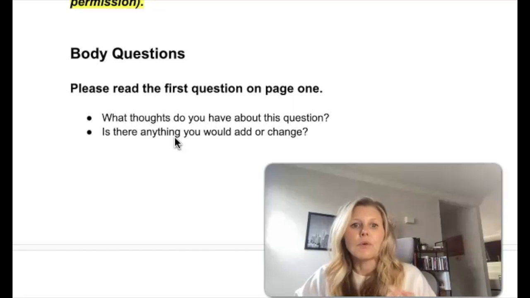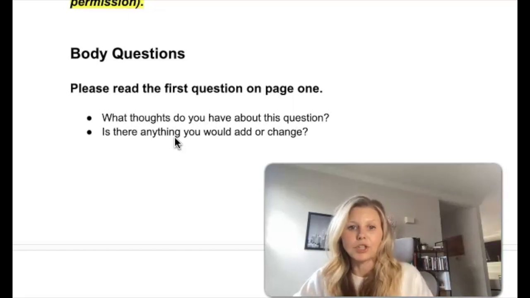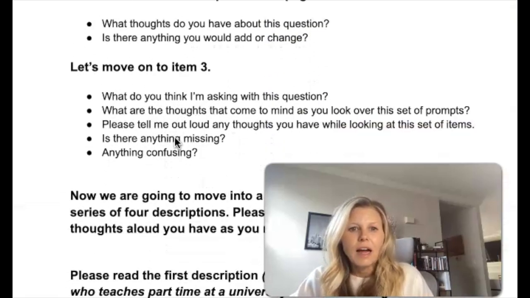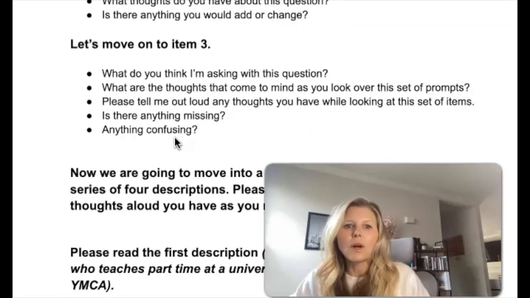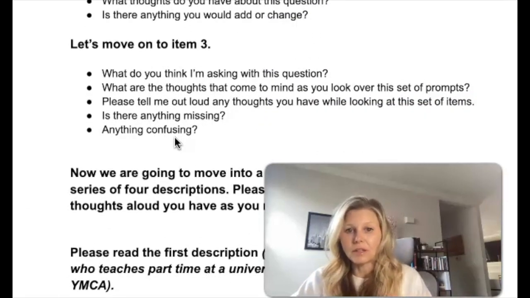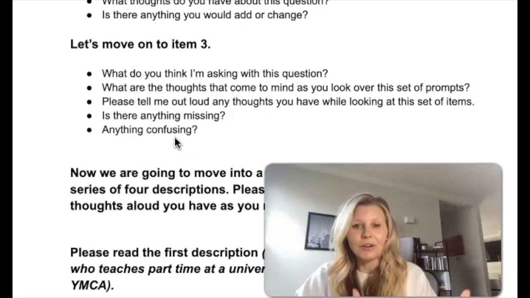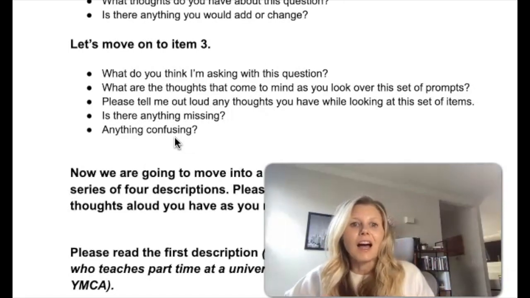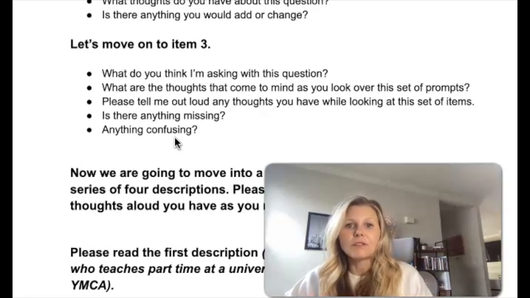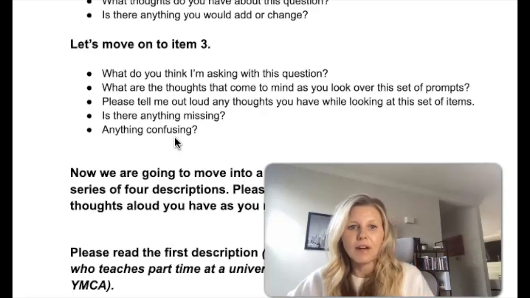Things like these two. What thoughts do you have about this question? Is there anything that you would add or change? I have some others. What do you think I'm asking in this question? That's really helpful to get that information. Where does your respondent think you're going with this? What are the thoughts that come to mind as you look over this set of prompts? Please tell me out loud any thoughts that you have while looking at this set of items.